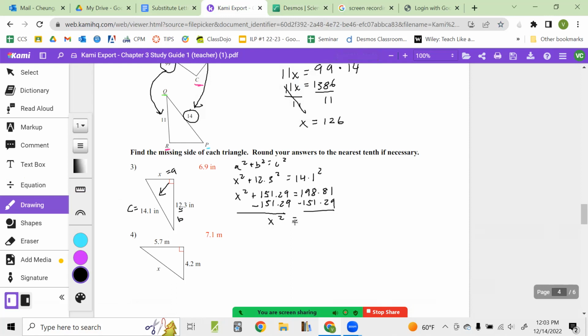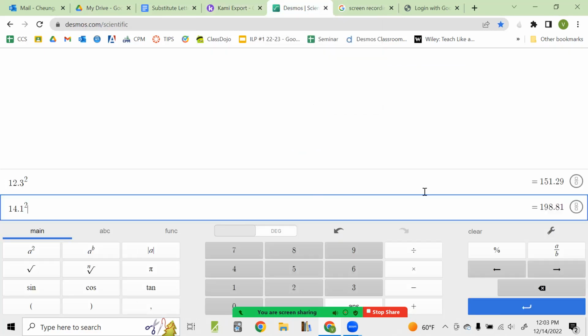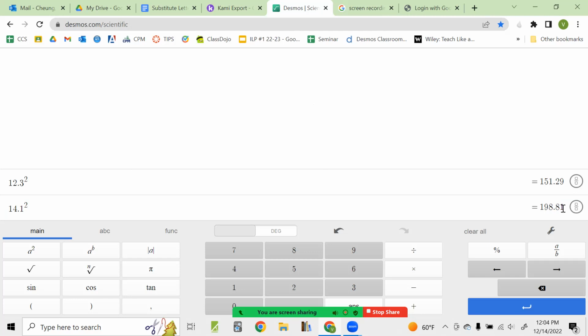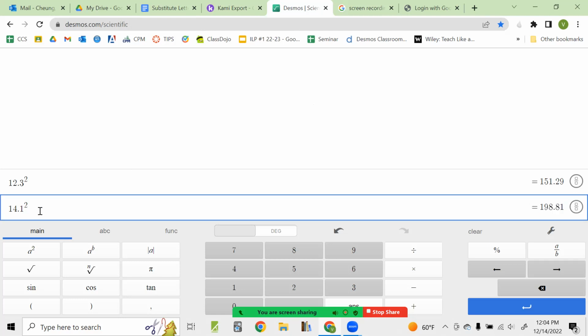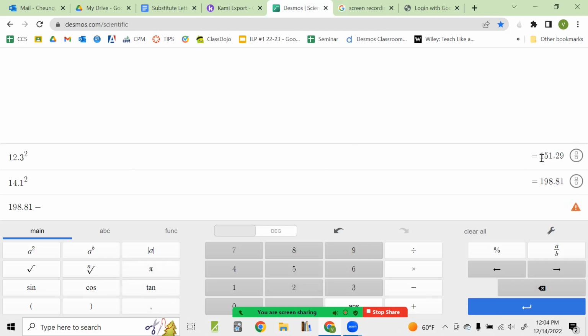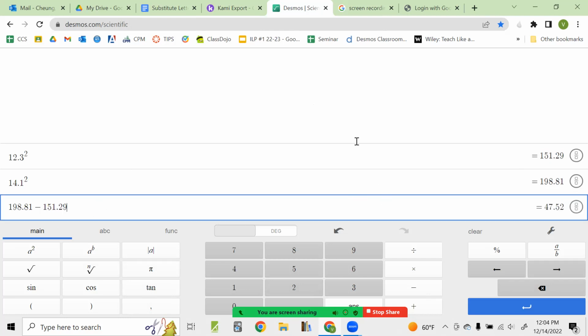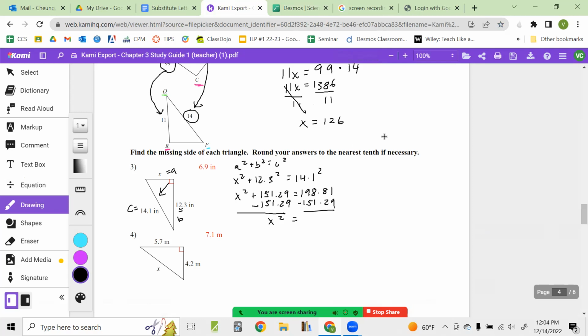X squared is going to be 198.81. Oh, we're just subtracting these two. That minus this one gives 47.52.